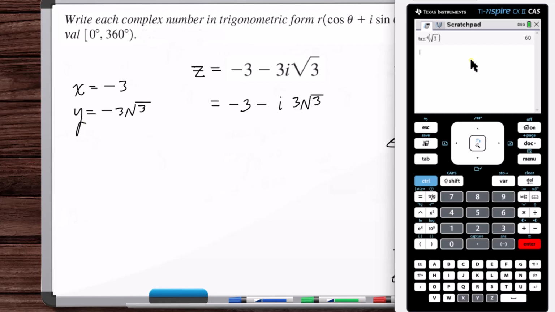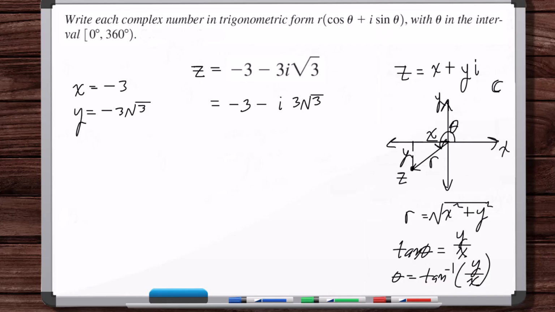But it gives us an angle in the first quadrant here because we know arc tangent is just going to output something in the first or fourth quadrant. But we know what this means in this case, since we can see we're in the third quadrant. That means we're going to have an angle in the third quadrant with reference angle 60. So 180 plus 60 is 240. So we know the angle is 240.